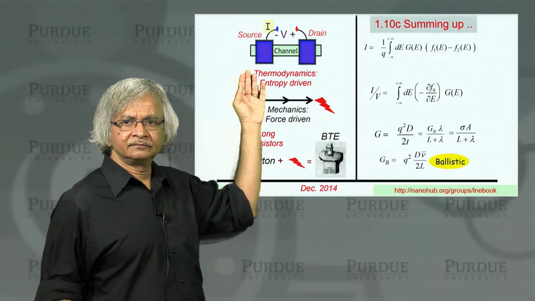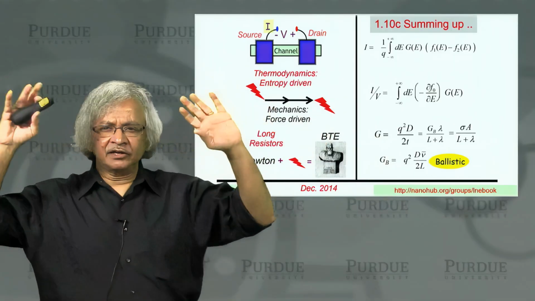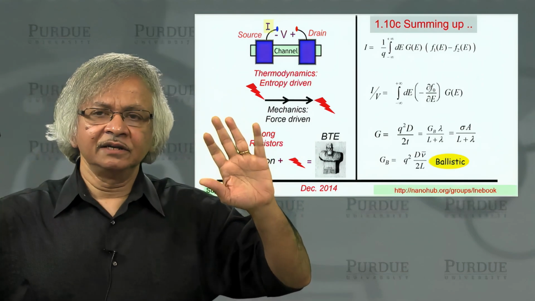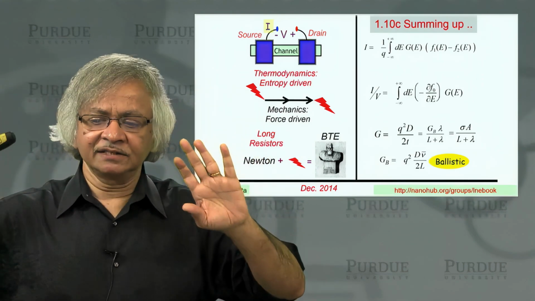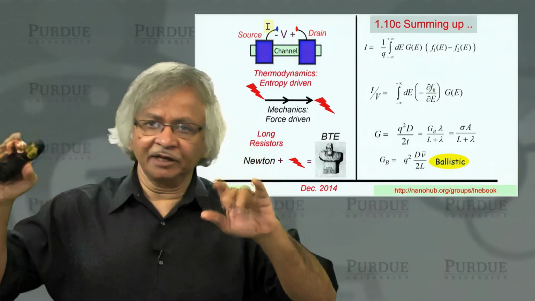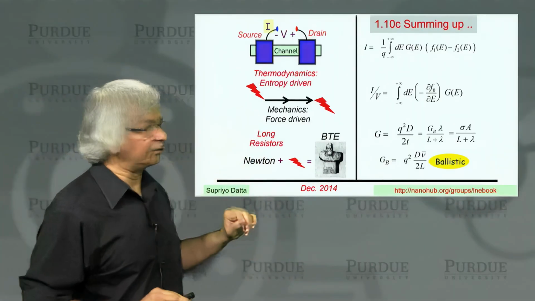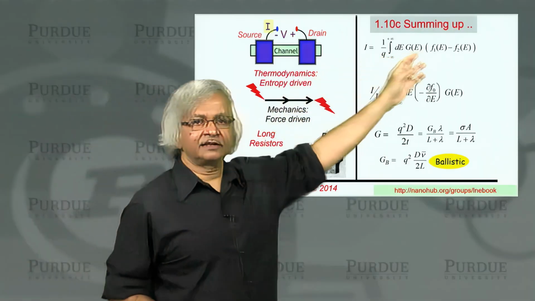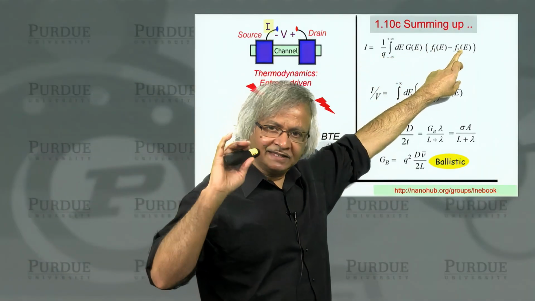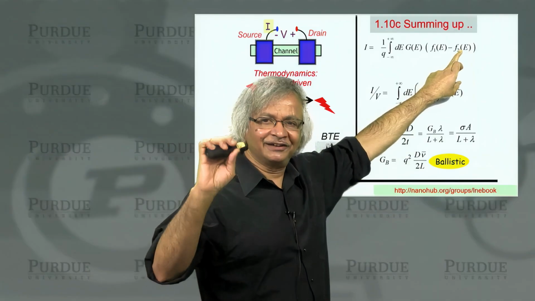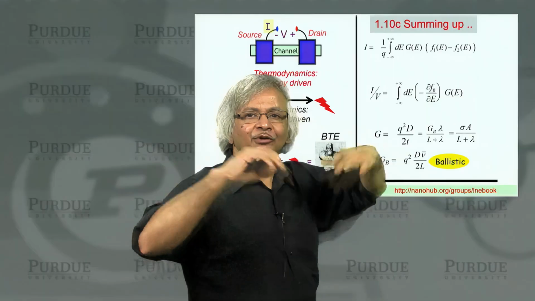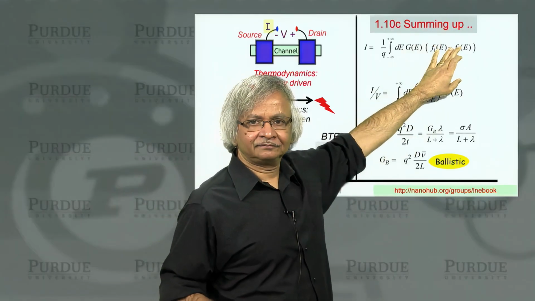The way we took care of it is by saying that we have these two contacts, these big contacts, and there are all kinds of thermodynamic processes going on there. And what they do is maintain the contacts in thermal equilibrium. It's very complicated processes that maintain it in thermal equilibrium, and that's what is reflected in this F1 and F2. So just by legislating that the electrons in the contacts are distributed according to the Fermi function, we took care of the thermodynamics.